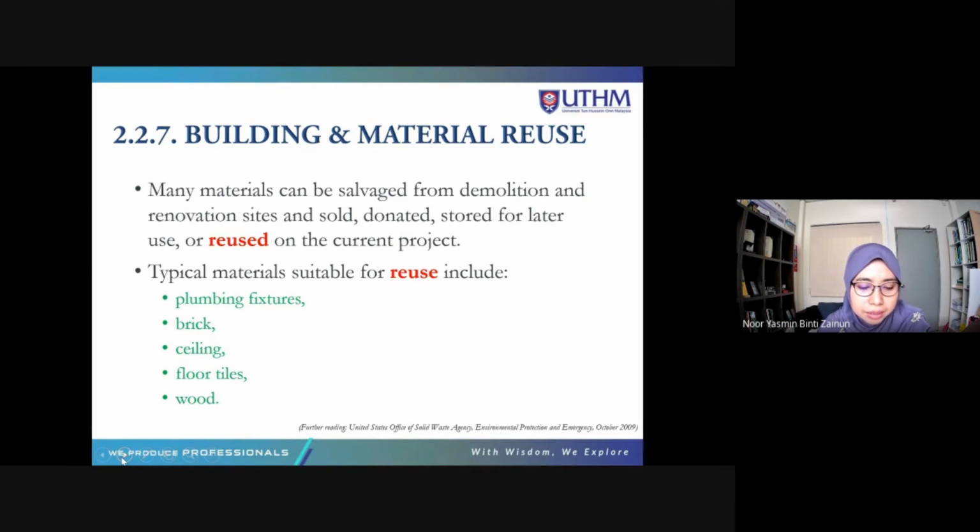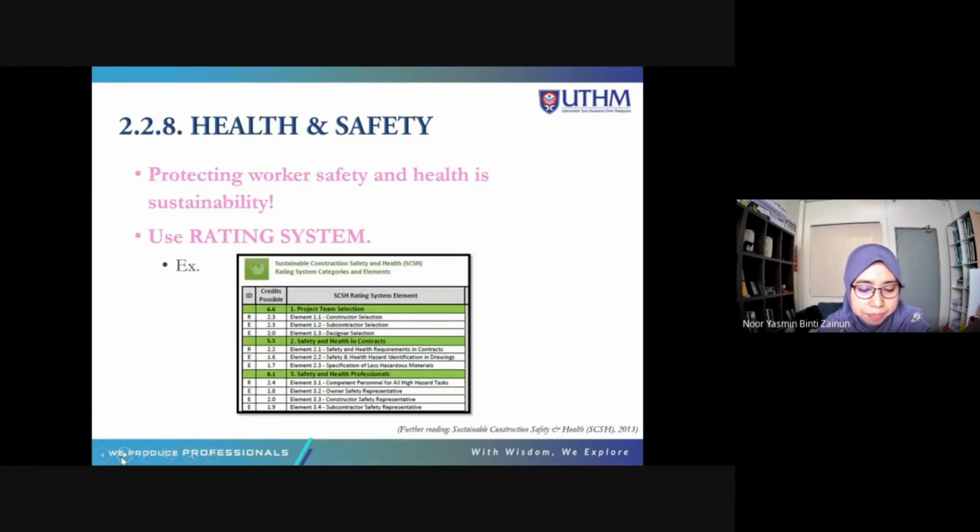Sekarang ni dekat kilang-kilang, dia buat dia punya showroom untuk floor tiles is using recycled floor tiles. And it's nice. Saya pergi dekat satu kilang tiles dekat Kluang. The showroom is actually all the recycled tiles.